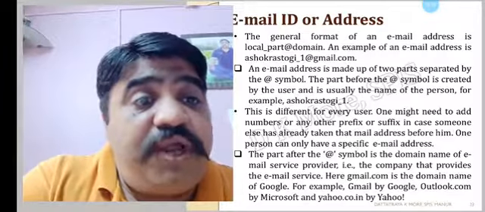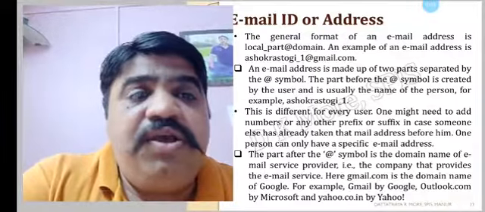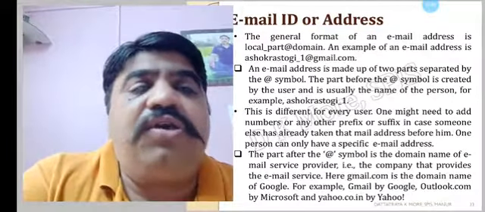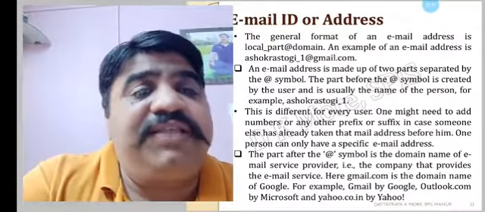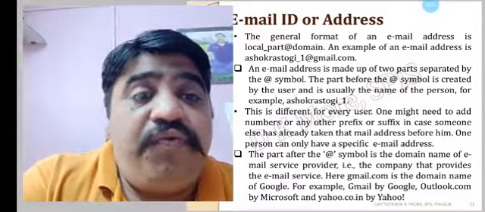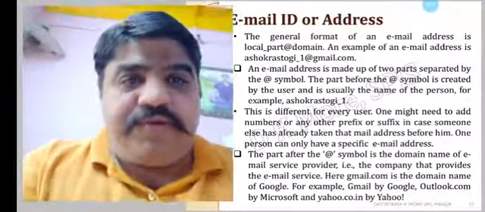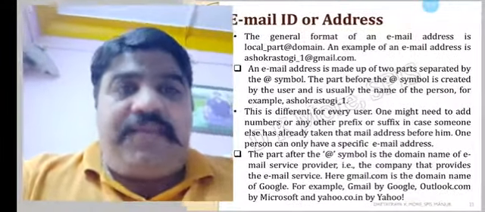This is different for every user. One might need to add numbers or any other prefix or suffix in case someone else has already taken that mail address before him. One person can only have a specific email address that is unique. No one can repeat the same email ID.